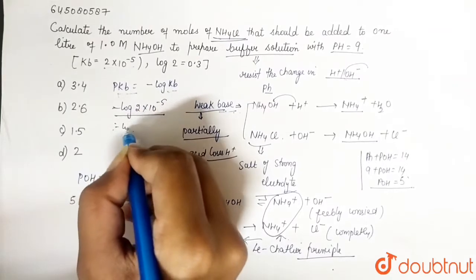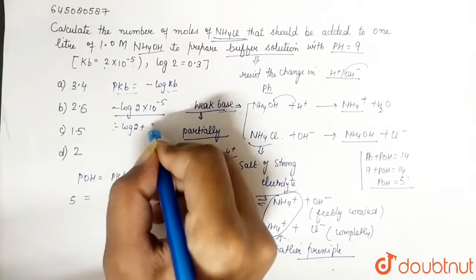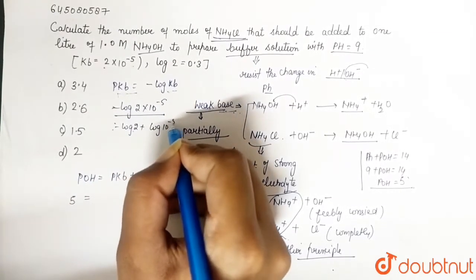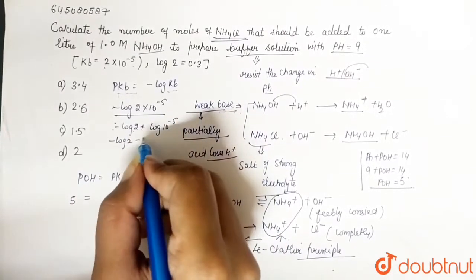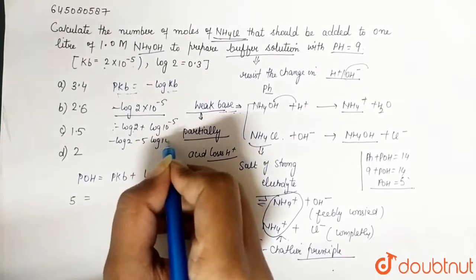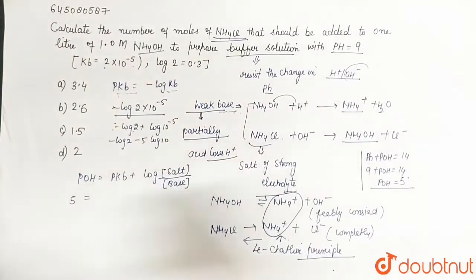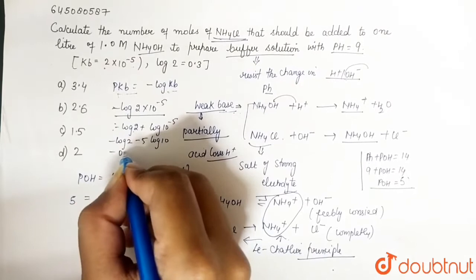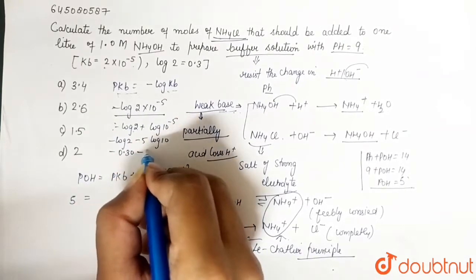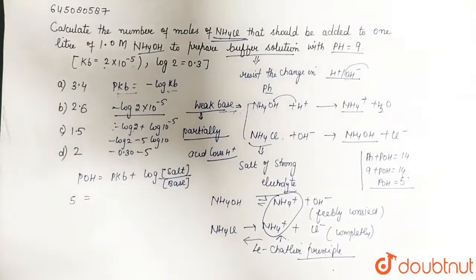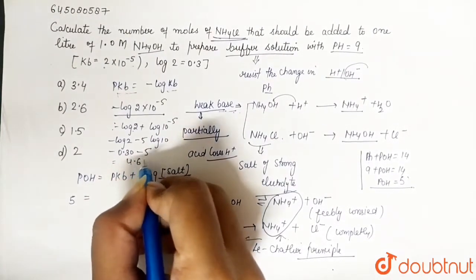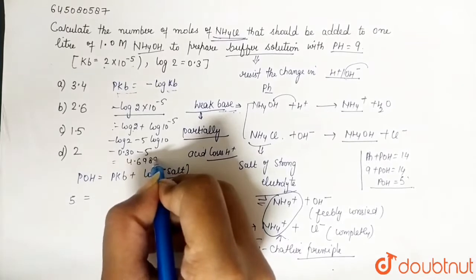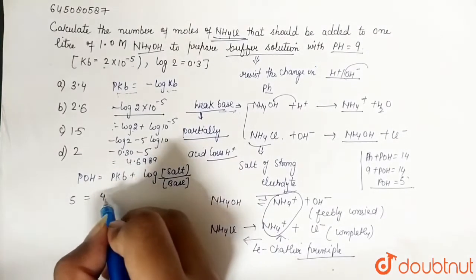This is minus log 2 plus log 10 to the power minus 5. This minus will come in front and we know log base 10 is 1. So after solving this, this is minus 0.30 and here we have 5. After solving this, it comes out to be 4.6989.